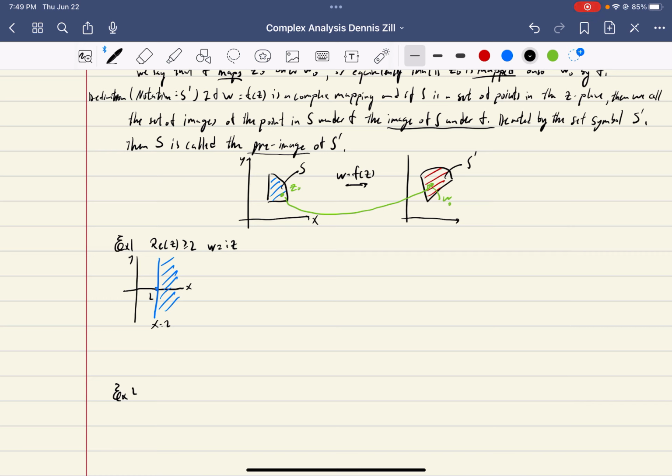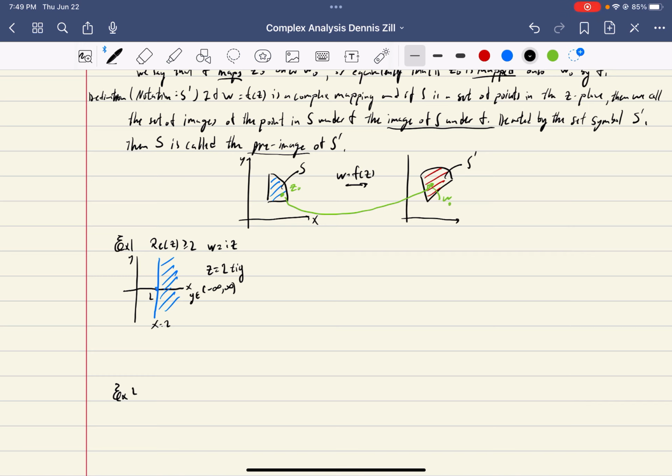For any point z on this line, we can write z equal to 2 plus iy, where y is unbounded and x is restricted to 2.